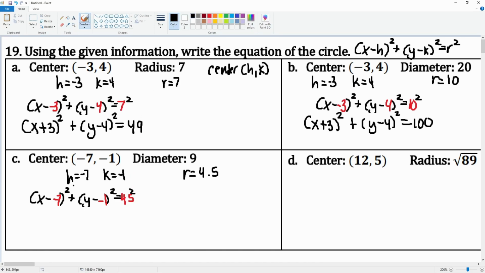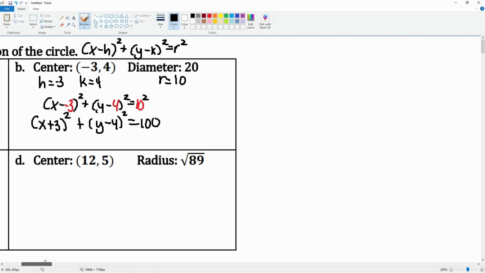Right, now we simplify. x minus -7 is (x + 7)^2, plus y minus -1 is just (y + 1)^2, is equal to 4.5 squared. It is 20.25.